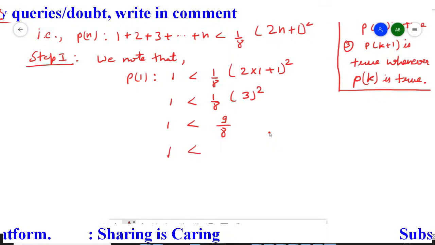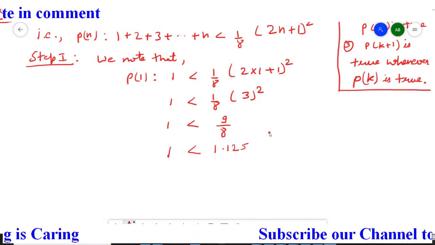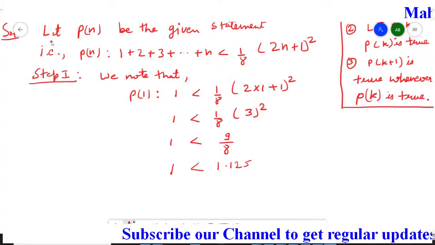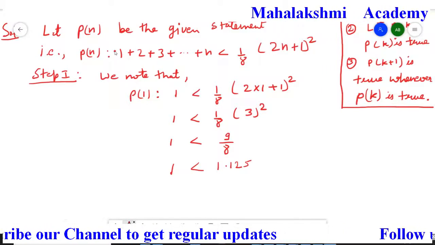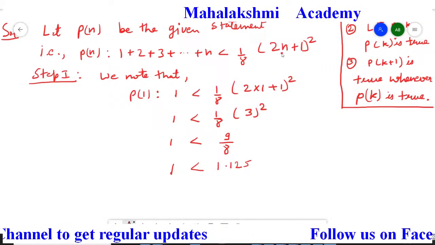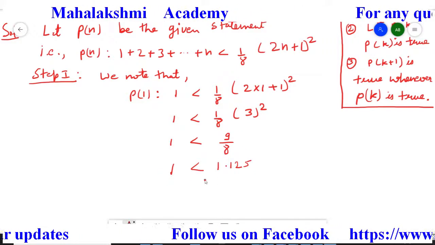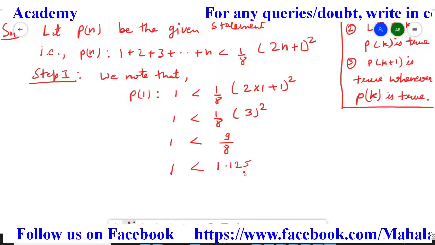When we divide it, we get 1.125, and so this statement is true. What we have done here: in your Pn statement, if you write 1, then only the first term you set from this side, and here instead of n you write 1, and then solve it and check whether the statement is actually true or not. So we find that 1 is less than 1.125.